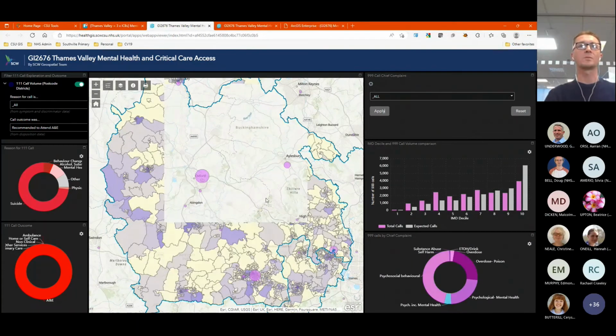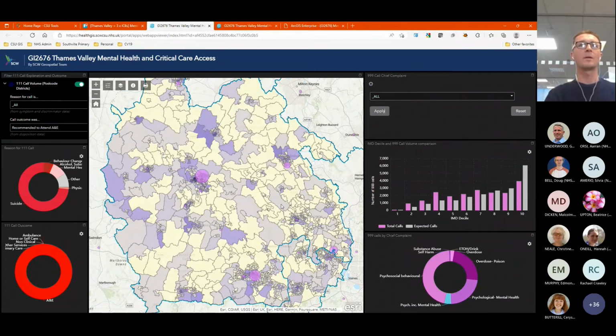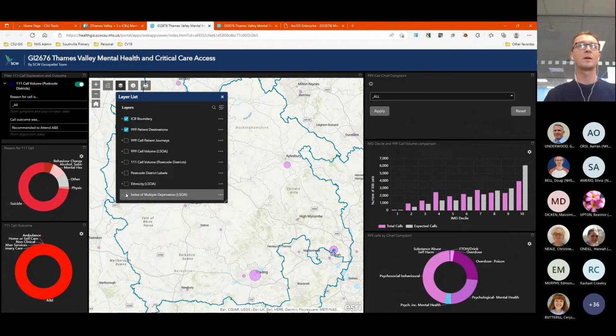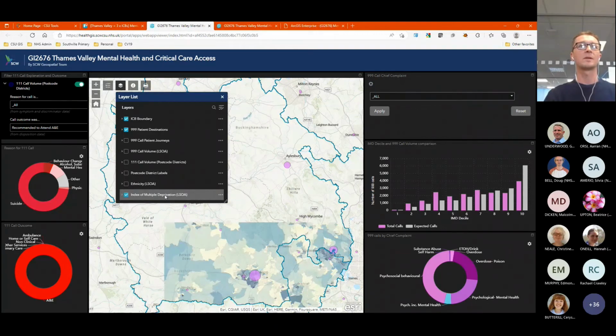So a final thing we tried with this was, people are always very interested in what the relationship is between what we'd call the project data here, so the 111 and 999 calls, and other factors like ethnicity, deprivation. So we have got these added to the map, so you can bring up index of multiple deprivation here.